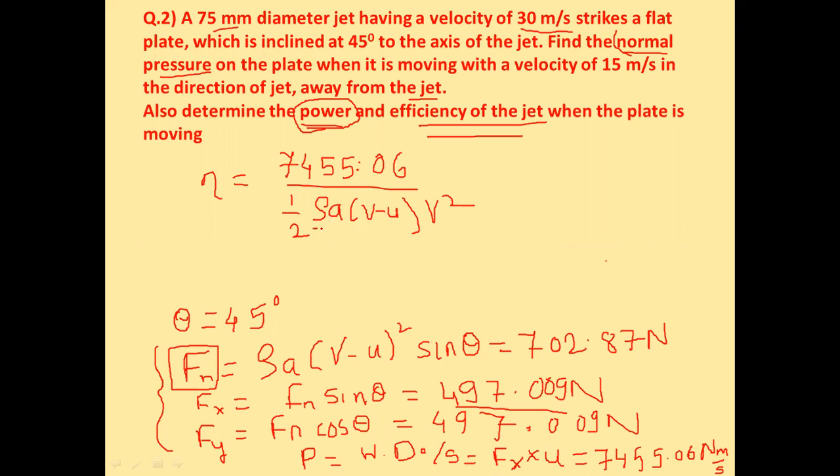Rho is density, 1000. Area of the jet, please write, you already calculated it. Capital V is velocity of the jet, which is 30 meter per second. u is the velocity of plate, which is 15 meter per second, and capital V here again is 30 meter per second. Tell me the answer immediately.